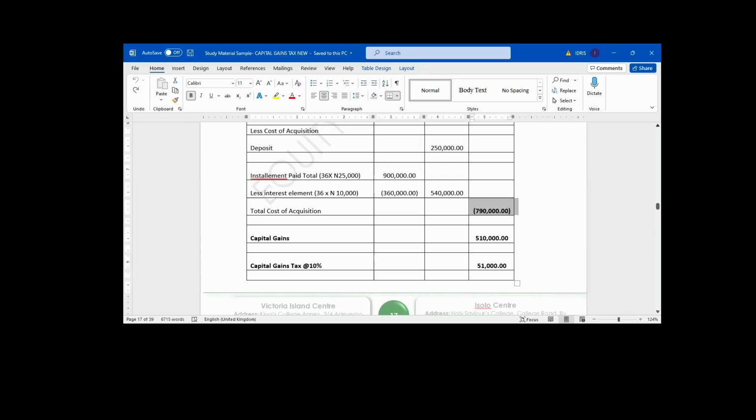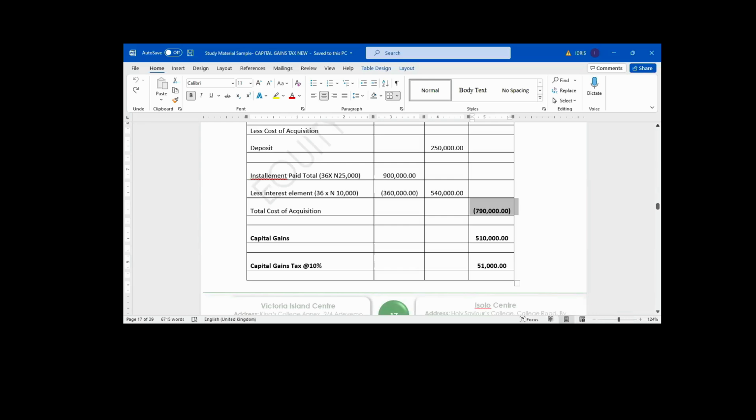We are saying a seller sells an asset on hire purchase. Take for instance, I want to sell my car, a Toyota Corolla. I sold it for 2.5 million, though when I bought it in 2014, I bought it for 1.2 million.